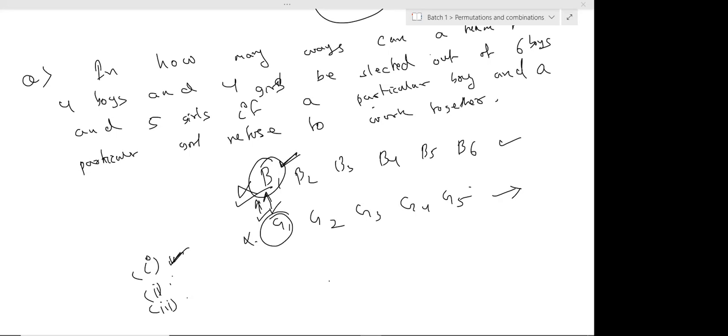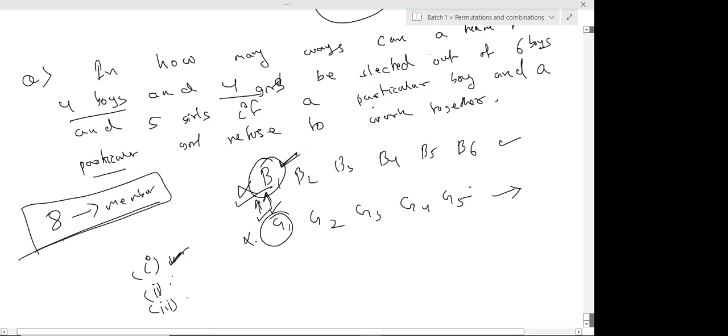Sir, can you explain once more? Yeah. See, Gautam, the question says you have to make a team of 4 boys and 4 girls, but one particular boy and a girl don't want to work together. So you have to select a team. Suppose you selected an 8-member team. What can be the scenarios that are possible here? In the 8-member team, either B1 is there, because if B1 is there, G1 cannot be there, right, Gautam?